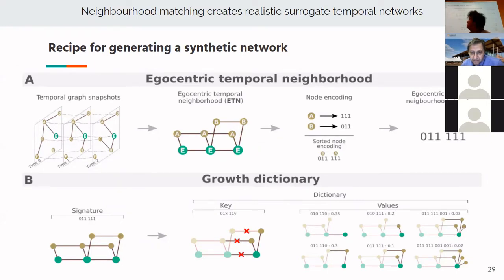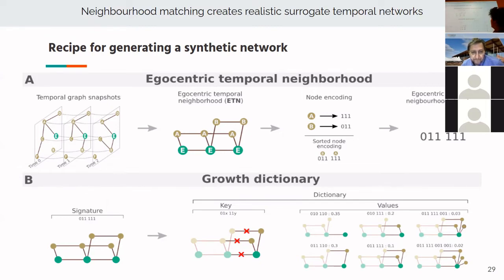So, for example, in the dictionary part, the top left one has 0.35 probability, and the next one has 0.2.